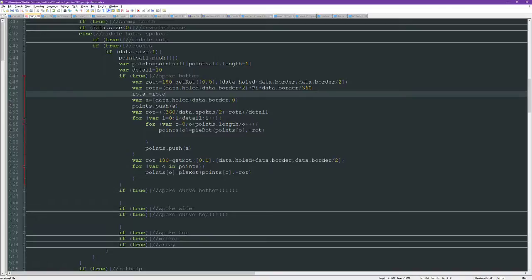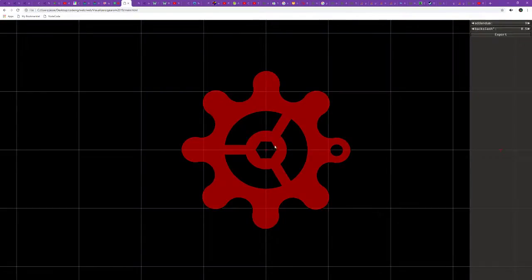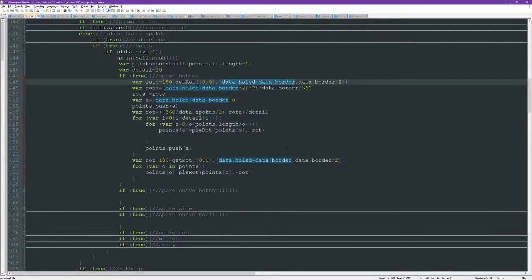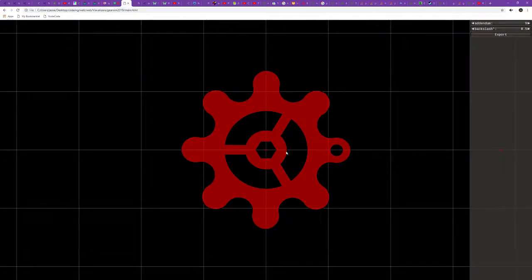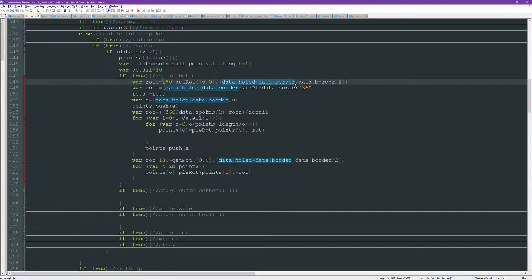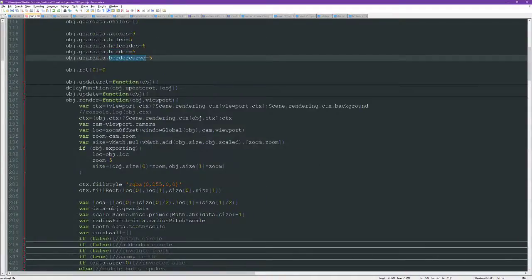So I want to minus equals that. And this would be a get rote from 0, 0 to the whole border thing, so that would be out to there. So the whole size plus border size out, and then it would go up by border curve.